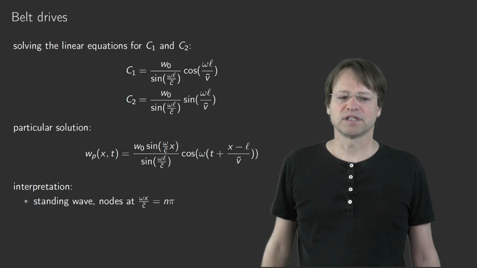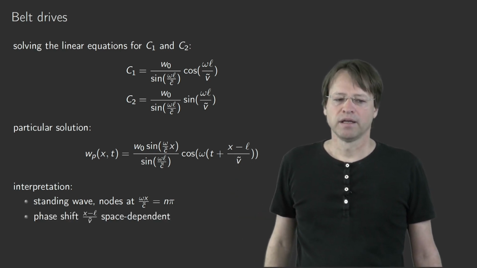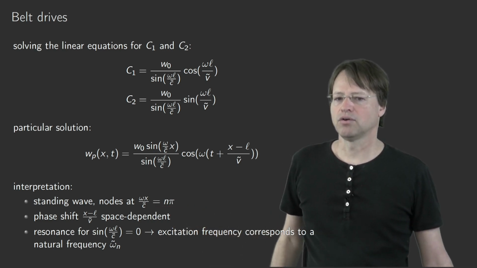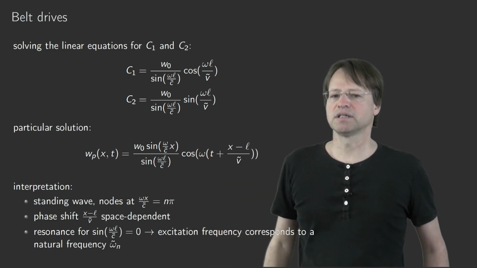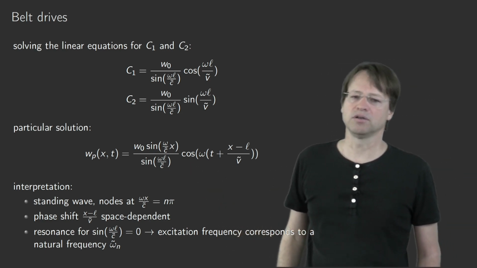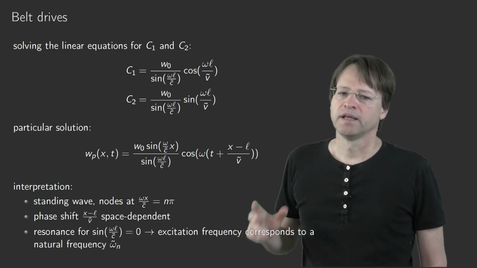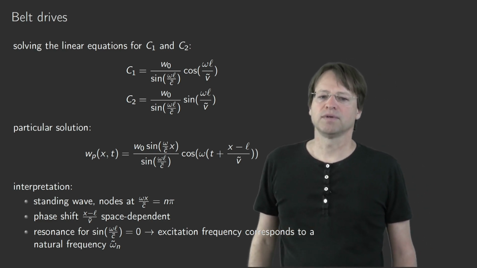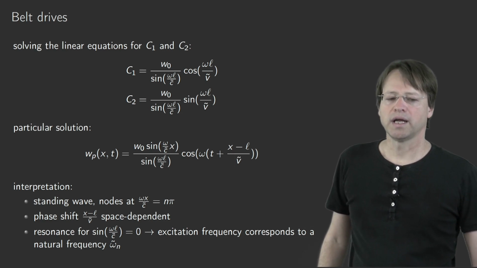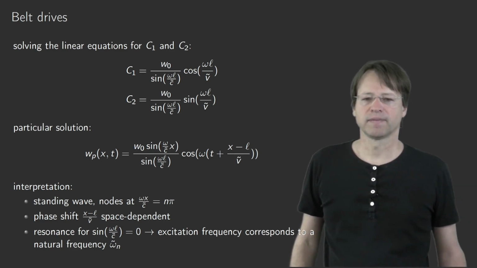The phase shift, as I said, is space dependent. There is resonance for the sine of omega L divided by c tilde. It's even better to see in here, but this is the only term in the denominator. And this is the condition where an excitation frequency corresponds to a natural frequency.